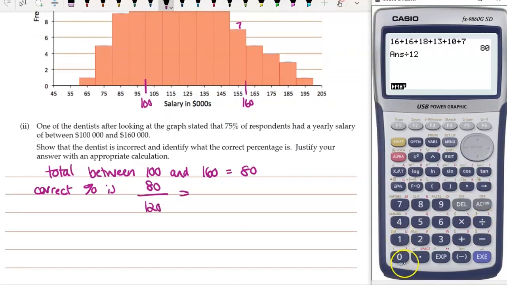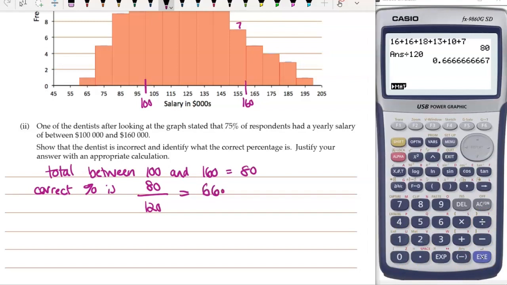So divide it by 120, and then times by 100, we're going to have 66.7%. And just to make sure we've answered the question, not the 75% stated by this dentist.